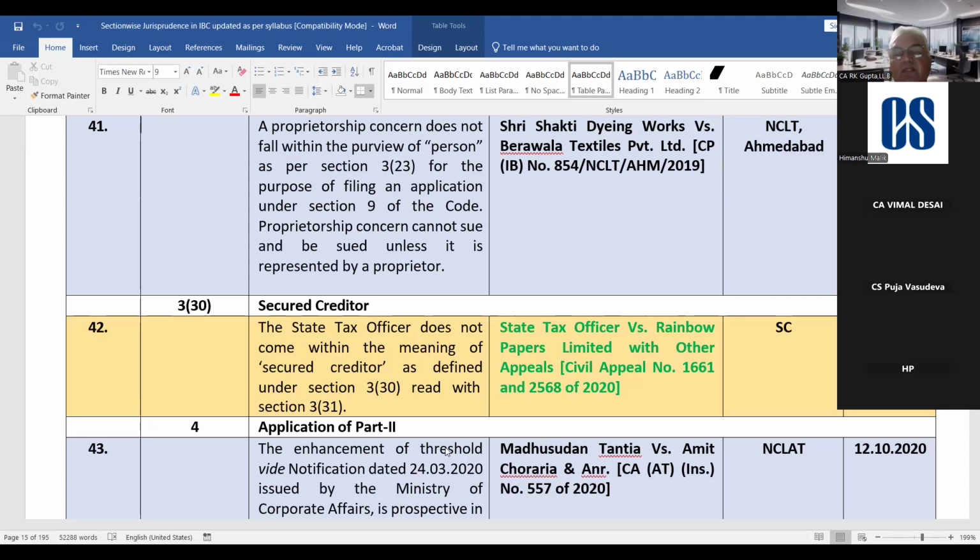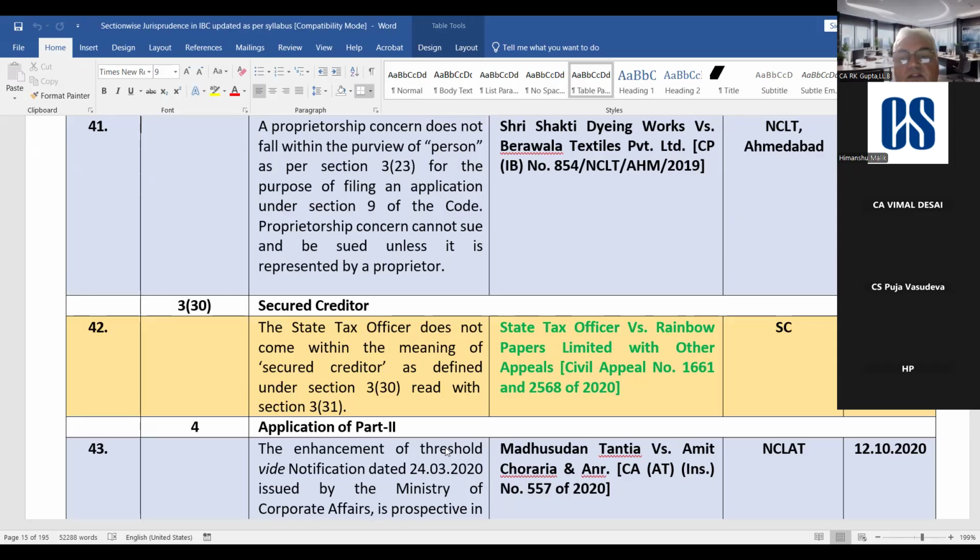That is what was contained in the Gujarat VAT Act. So now the question came whether this security interest could be created by operation of law, and the Supreme Court said yes, it could be created even by operation of law.